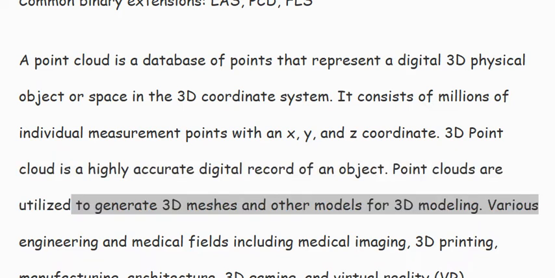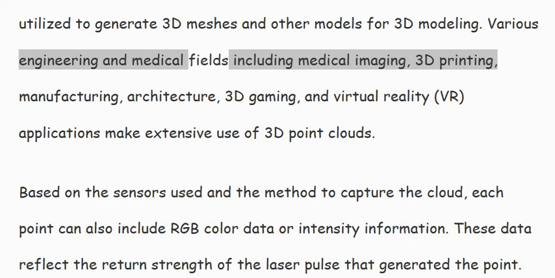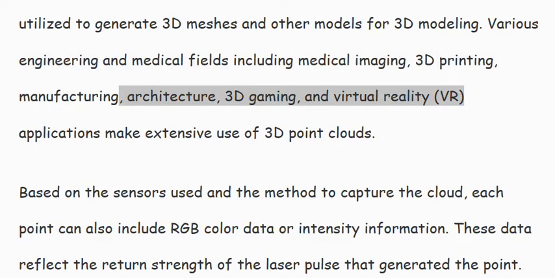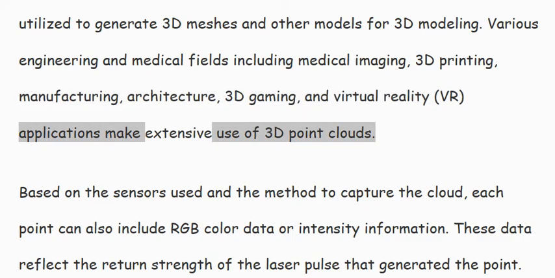Point clouds are utilized to generate 3D meshes and other models for 3D modeling. Various engineering and medical fields including medical imaging, 3D printing, manufacturing, architecture, 3D gaming, and virtual reality (VR) applications make extensive use of 3D point clouds.